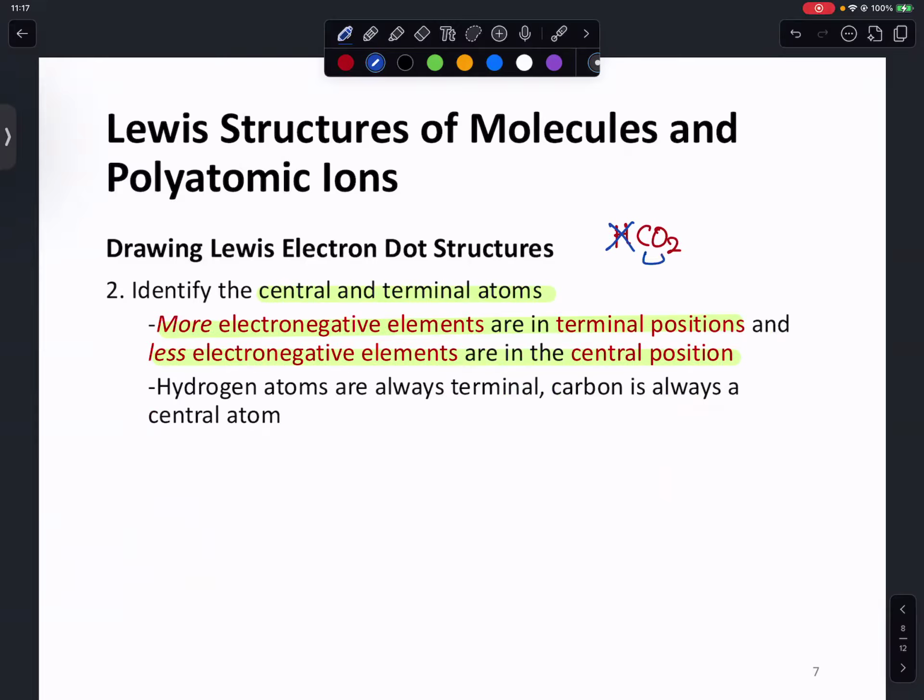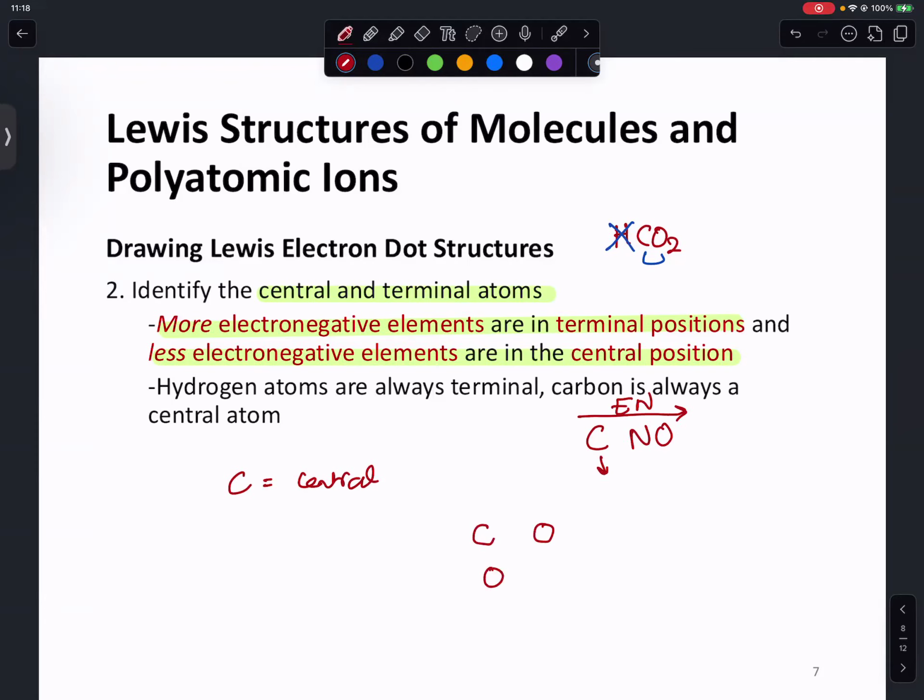Now it's between carbon and oxygen. So let's look, this is my second period, so carbon, nitrogen, oxygen, and electronegativity increases from left to right across the period. So in this case, carbon is going to be my central atom. So carbon, we can say, is central. I'm going to draw it in the center, and then I'm going to have oxygens as terminal.